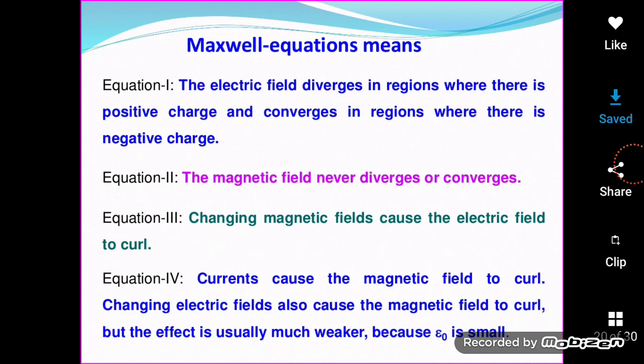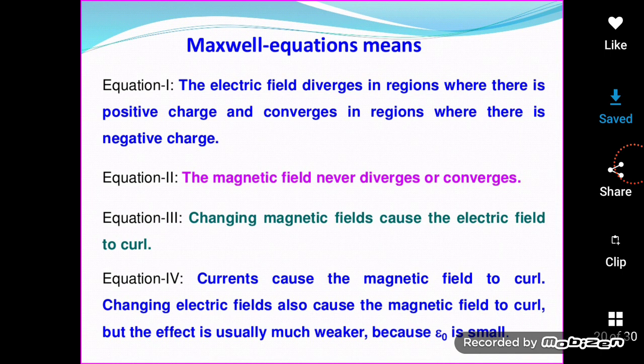So what we conclude is that all four Maxwell equations give physical meaning. Equation 1 says that the electric field diverges in regions where there is positive charge and converges in regions where there is negative charge. Equation 2 says the magnetic field never diverges or converges.